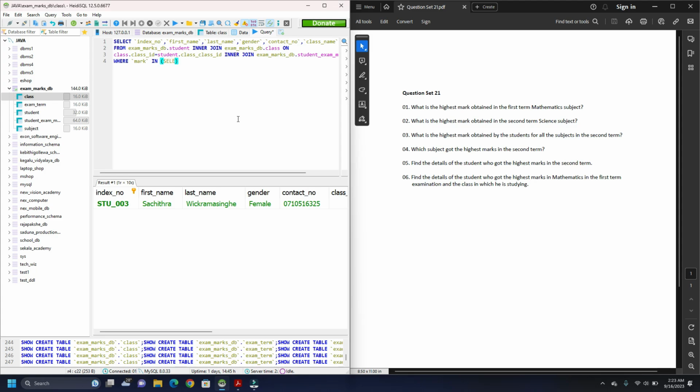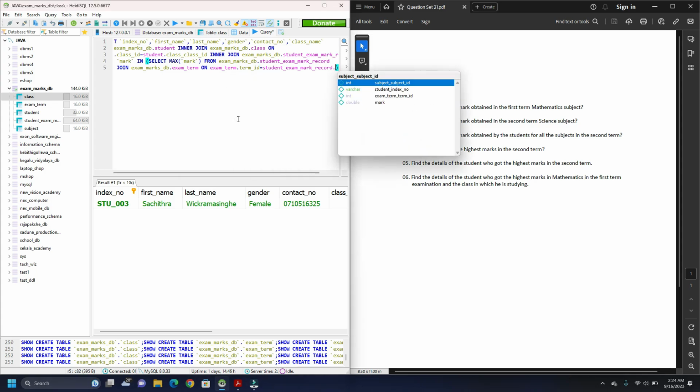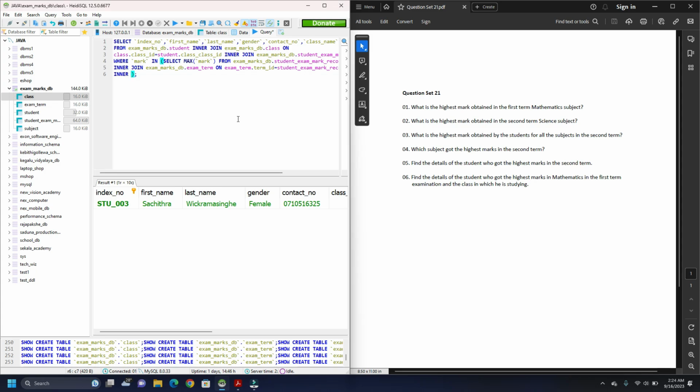So select max mark from student exam mark record table, inner joining it with exam term table, and inner joining those two tables with subject table.